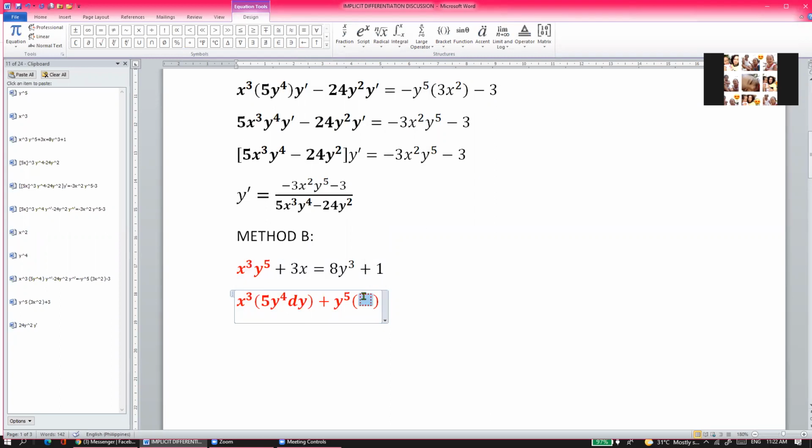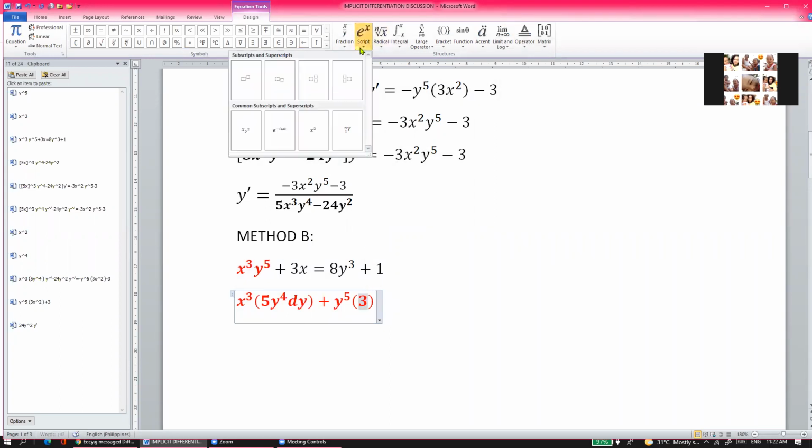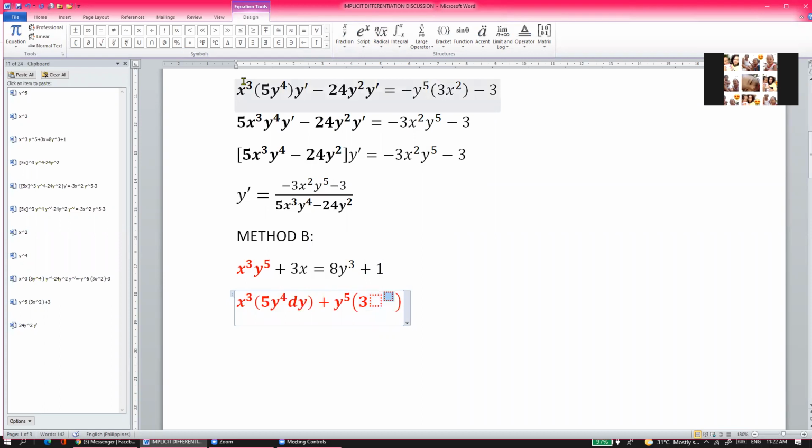So I'll type 3, then x squared. But take note, lalagyan ko ng dx. Kapag in terms of x ang hinanapan natin ng derivative, automatic may dx. Kapag in terms of y ang hinanapan ng derivative, automatic may dy. Nakukuha ba natin? So plus.